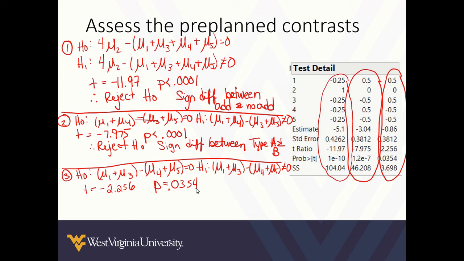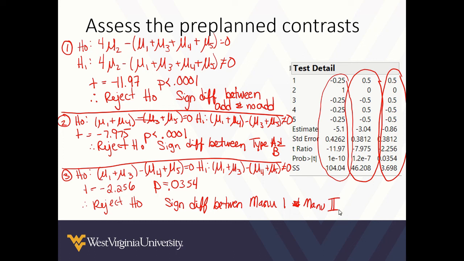But that's why we make our significance level prior to the problem. So therefore, we reject our null hypothesis, and we will conclude that there is significant difference between our manufacturer 1 and manufacturer 2.